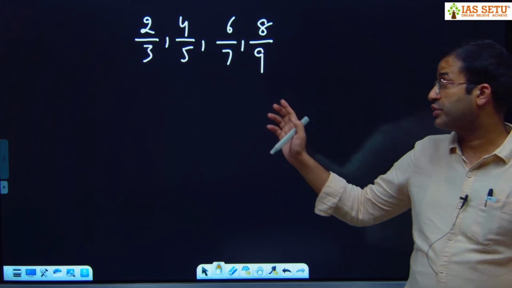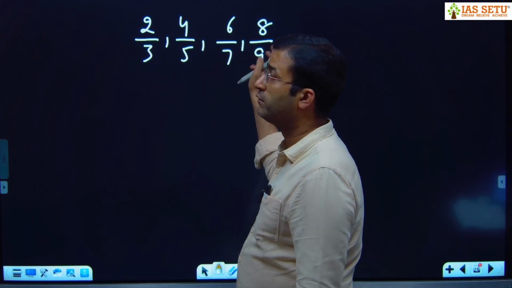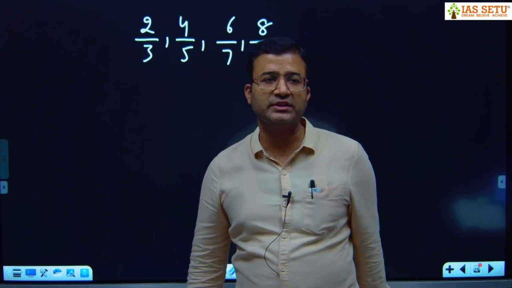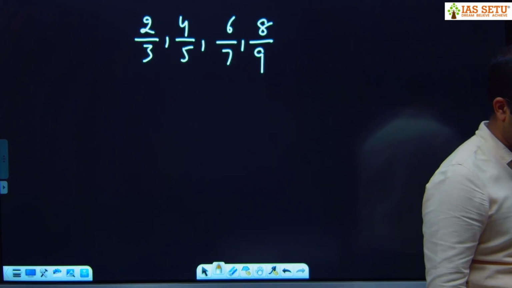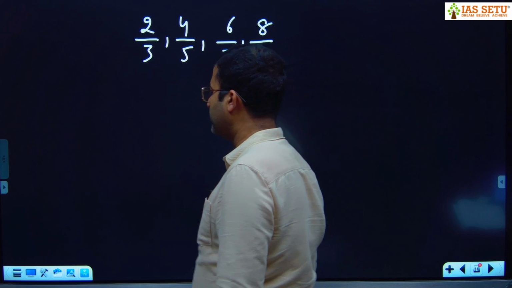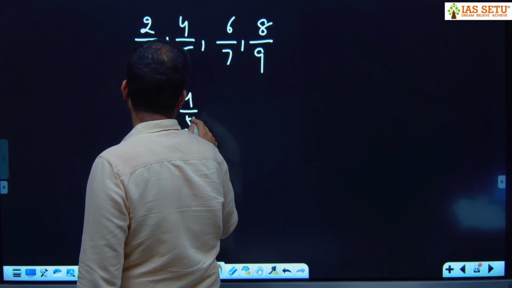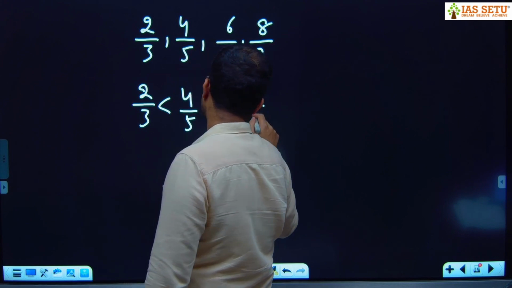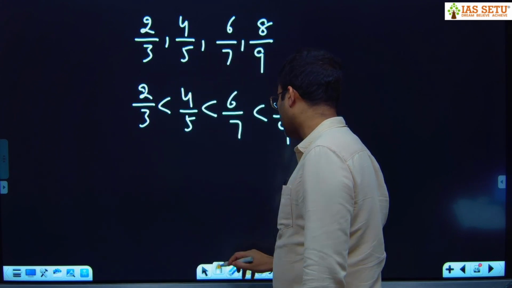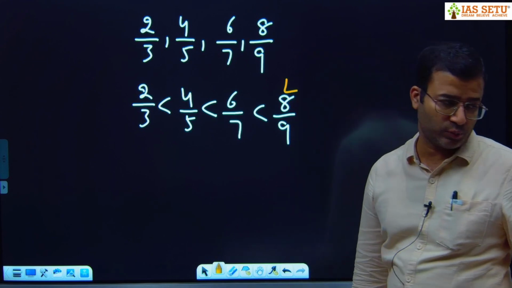Here can you see all these are proper fractions, difference 1, 1, 1, 1. It takes only 1 second to arrange these fractions in ascending order. Yes, 2 by 3 here is the smallest, smaller than 4 by 5, smaller than 6 by 7, smaller than 8 by 9. So you can say this 8 by 9 is the largest, 2 by 3 is the smallest.